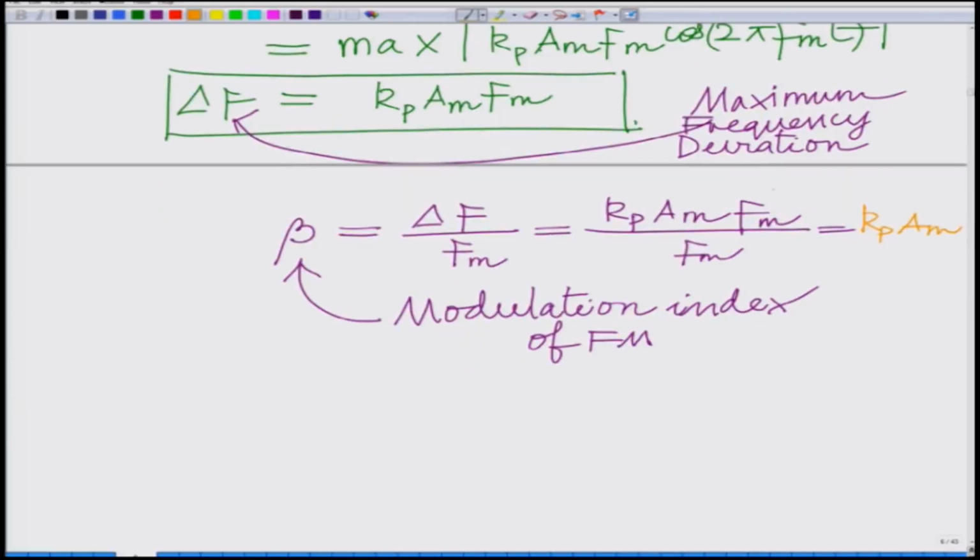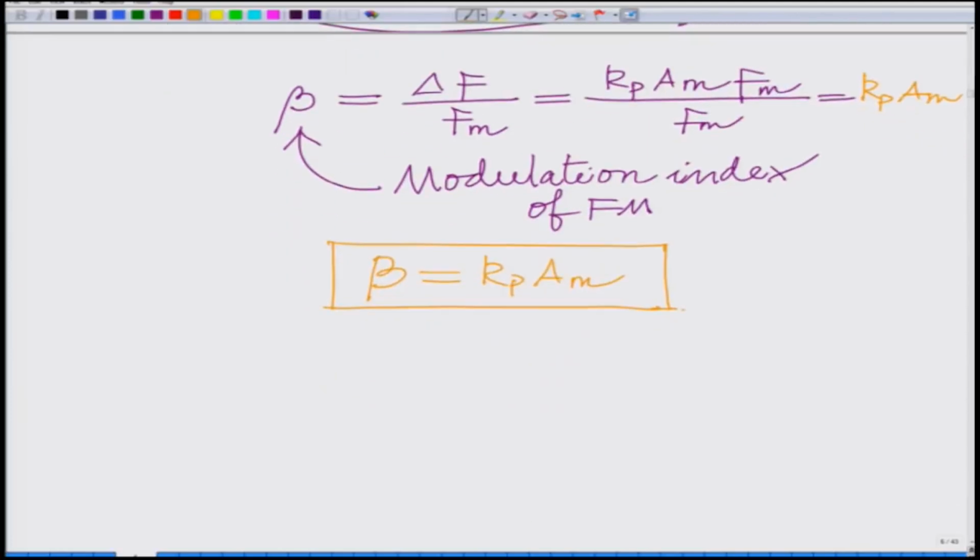Therefore, beta, this is the modulation index, equals k_p times A_m.